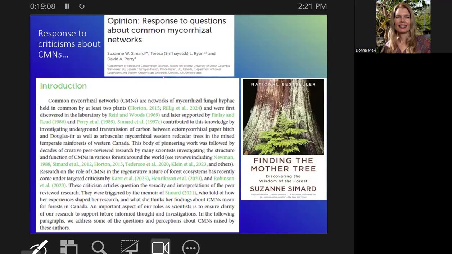And it's not just her, there have been other scientists at other universities around the world that have demonstrated similar findings. But in 2023, there was a group, Karst, Henriksen and Robinson, all in the year 2023, who started to criticize.